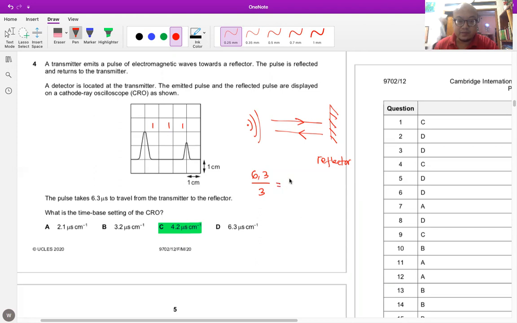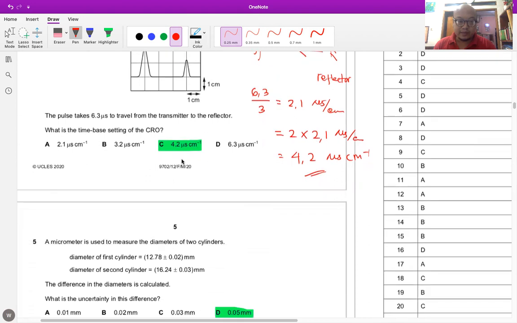So this is the same as 2.1 microseconds per centimeter for one way. Since there is also a reflection, this is 2 times 2.1 microseconds per centimeter, which is 4.2 microseconds per centimeter, or 4.2 microsecond cm to the power minus 1. Yes, it's correct.